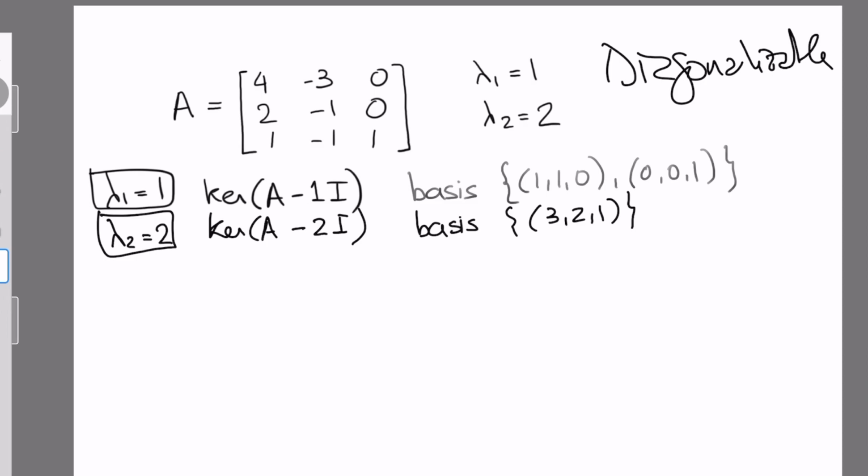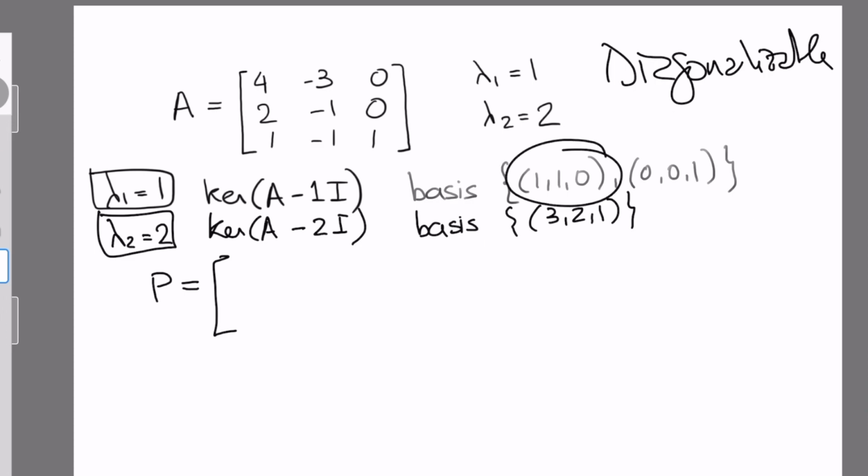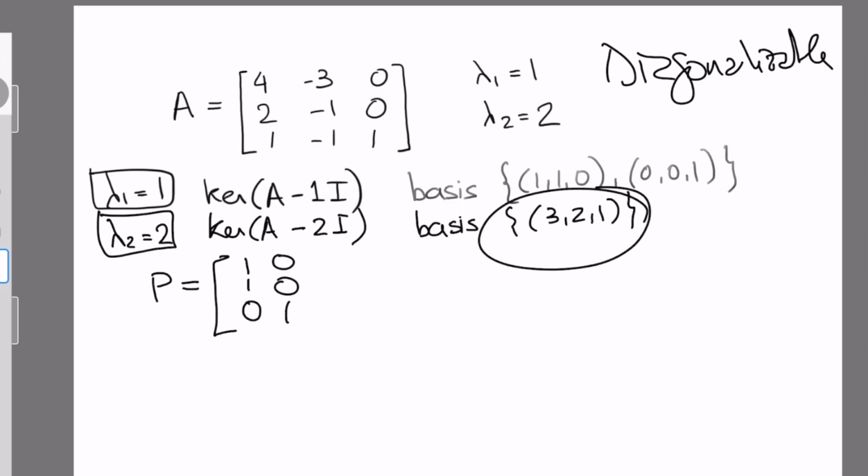And moreover, we can say what is the diagonalization. We can say that the matrix P is going to be given by these vectors written as columns. So I write the first one as a column, 1, 1, 0, the second one as a column, 0, 0, 1, and the third one as a column, 3, 2, 1.